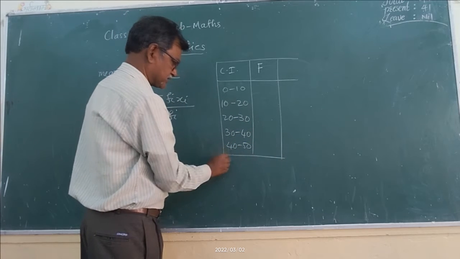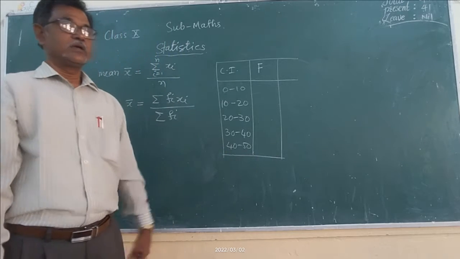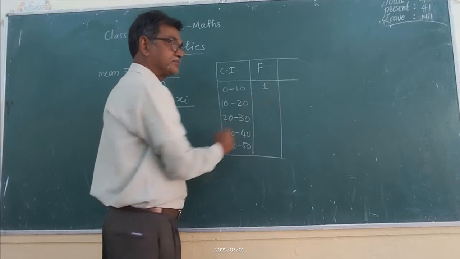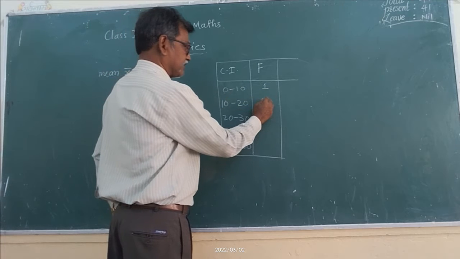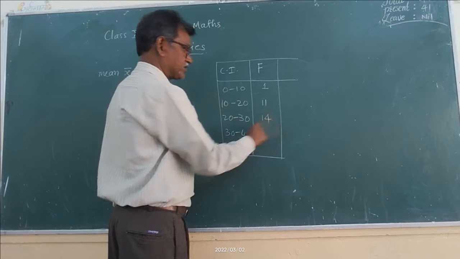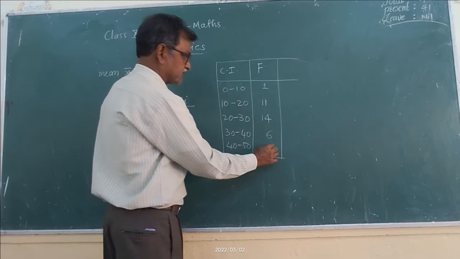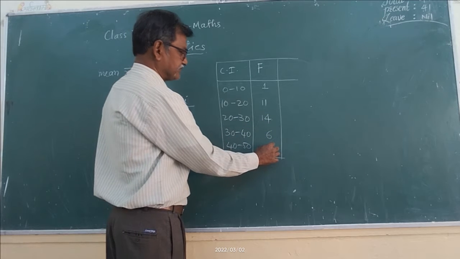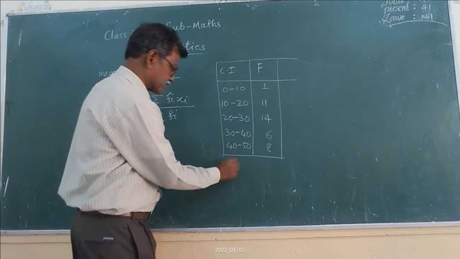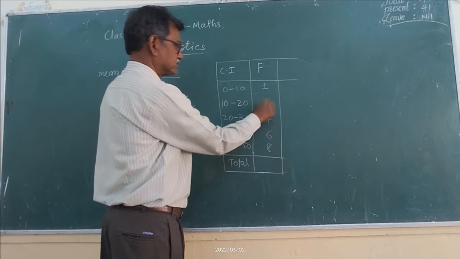Suppose these are the marks scored by you. 0 to 10, there is one student. 10 to 20, there are 11 students. 20 to 30, there are 14 students. 30 to 40, there are 6 students. And 40 to 50, there are 8 students. It doesn't matter. Total students are 40.